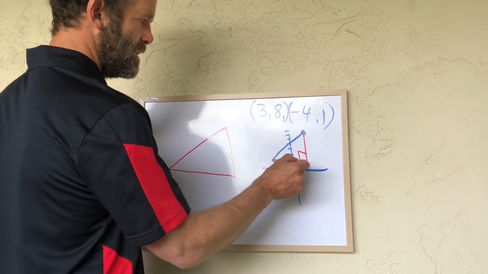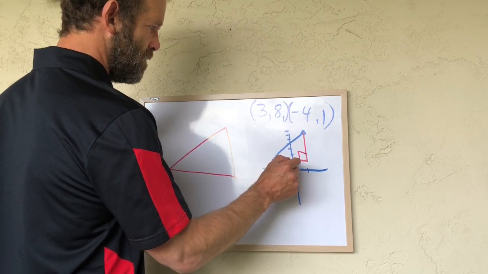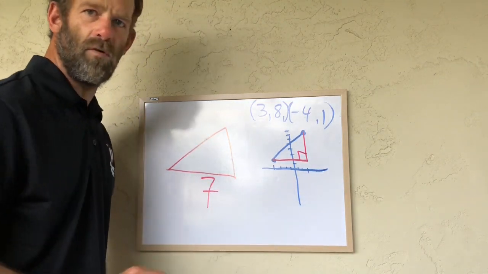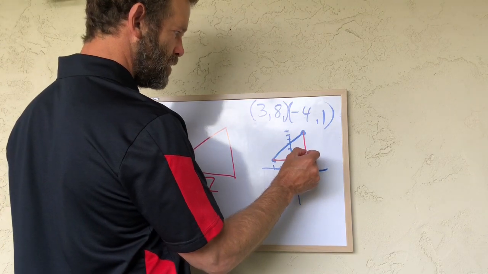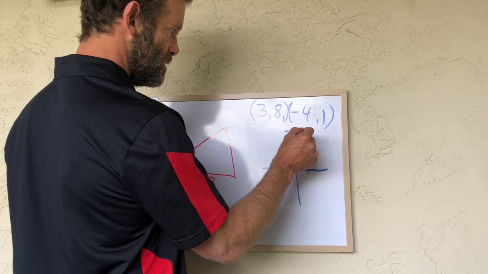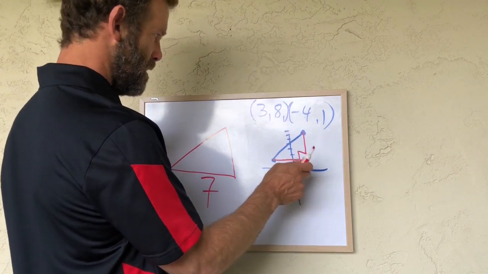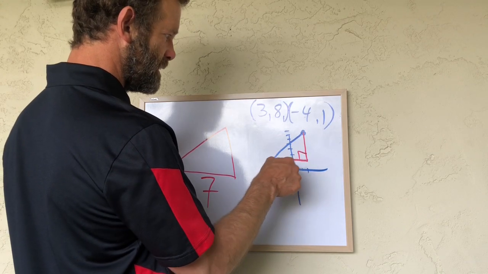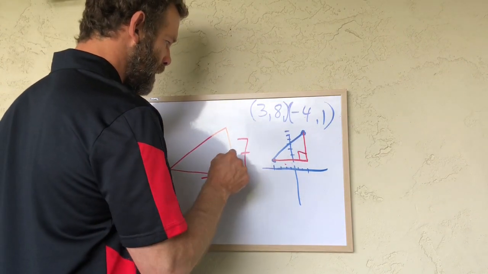From here to this point, I went 1, 2, 3, 4, 5, 6, 7. I went 7 units over. And then from here to here, I went, let's see, 1, 2, 3, 4, 5, 6. Is that right? Oh, wait. No, I went 7. I'm sorry. 7. I went this because this is 1. This is up 7. I'm going to go up 7 as well.